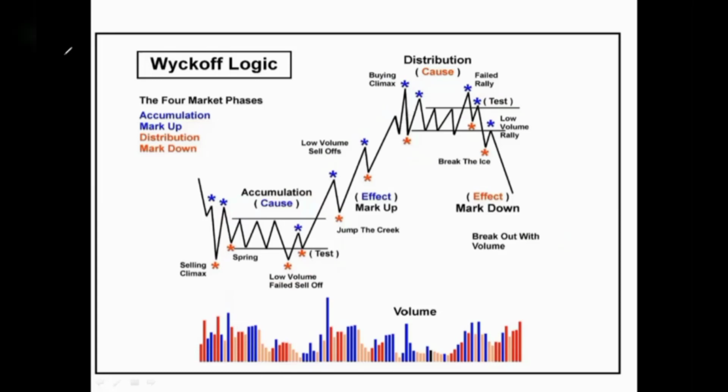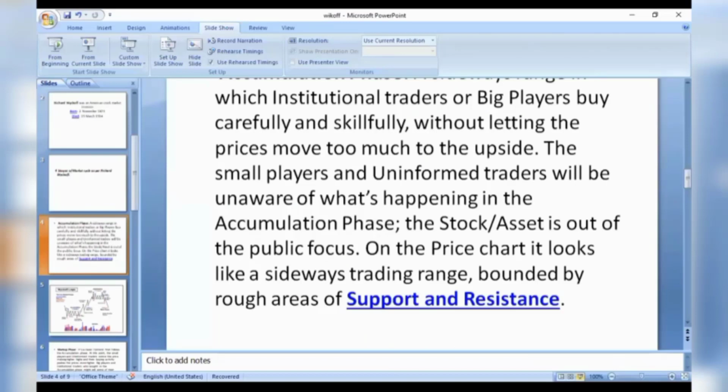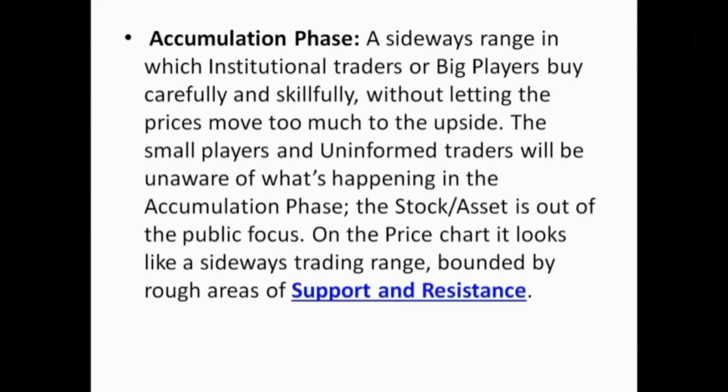Now let's quickly give you exact definitions of the accumulation phase and markup phase we are talking about. The way Wyckoff described it, the accumulation phase is a sideways range in which institutional traders or big players buy carefully and skillfully without letting the price move too much to the upside. The small players and uninformed traders are unaware of what's happening in the accumulation phase.